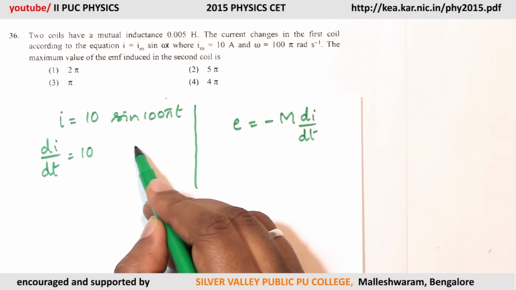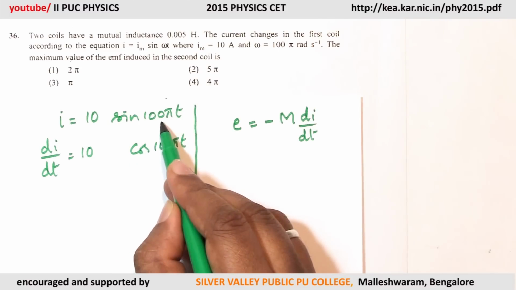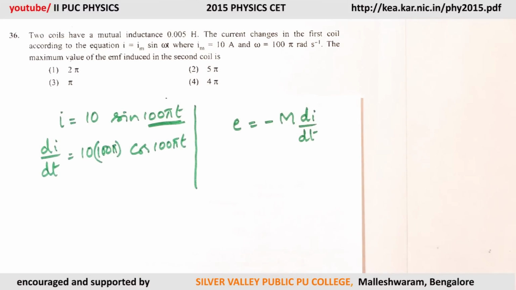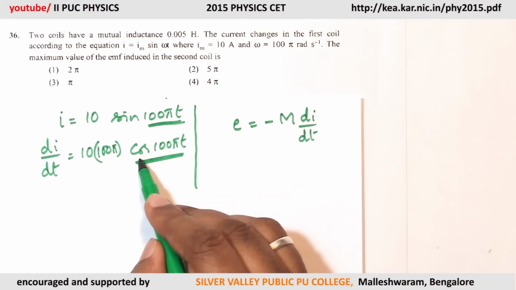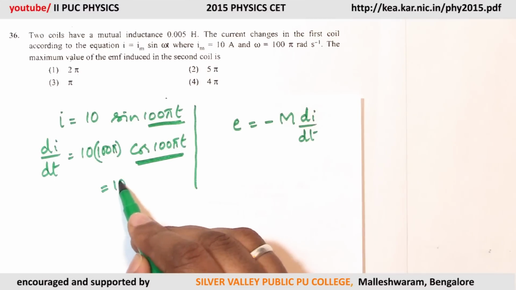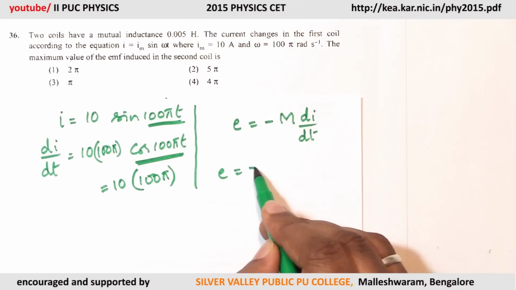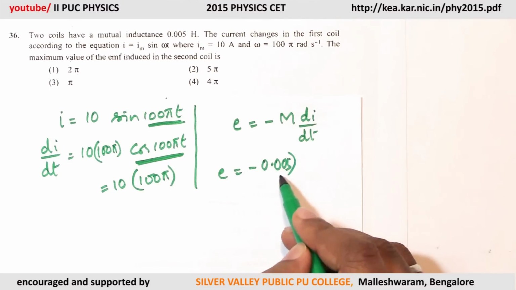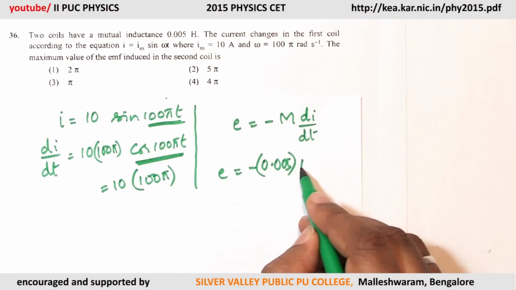sin becomes cos 100 pi t, into differentiate 100 pi t, 100 pi. The maximum value means this should be maximum, and the maximum value of cos function is 1. Therefore it is 10 into 100 pi. Therefore EMF equal to minus M, 0.005, into di by dt, which is 1000 pi.